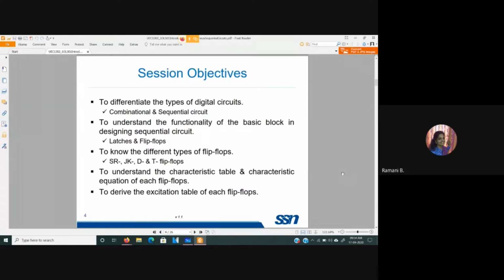Then we will see the basic block used in designing the sequential circuit, that is with respect to the latches and flip-flops. Then we will study about the different types of flip-flops and the flip-flops characteristic table, characteristic equation, and the excitation table. So we will be seeing this one by one.